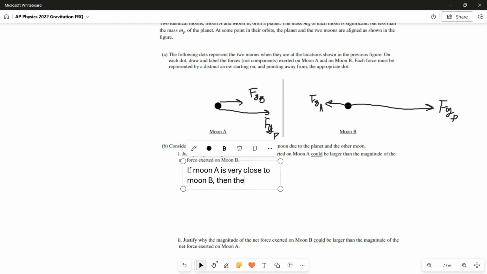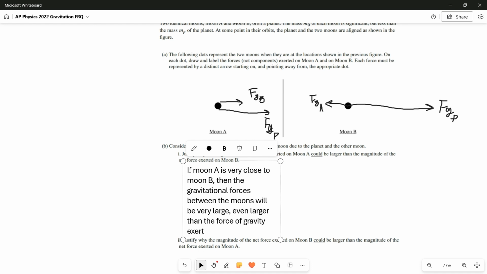then the gravitational forces between the moons will be very large, even larger than the force of gravity exerted by the planet.